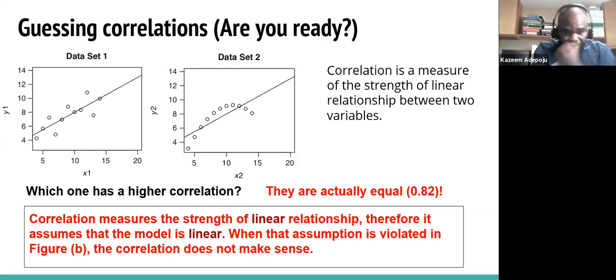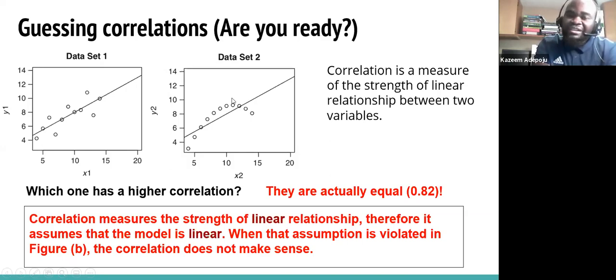And that was why we said the correlation measures the strength of the linear relationship. Therefore, it assumes that the model is linear. And when that assumption is violated, as in figure B, the correlation does not make sense. So the assumption of linearity is violated in data set 2.